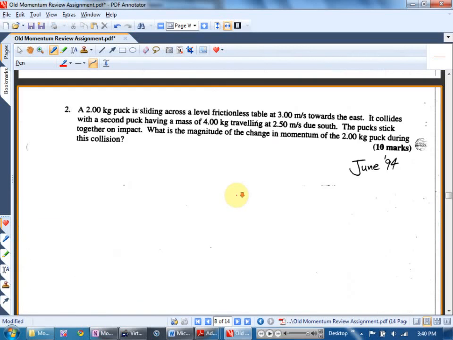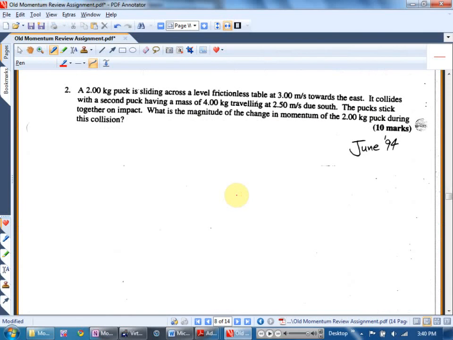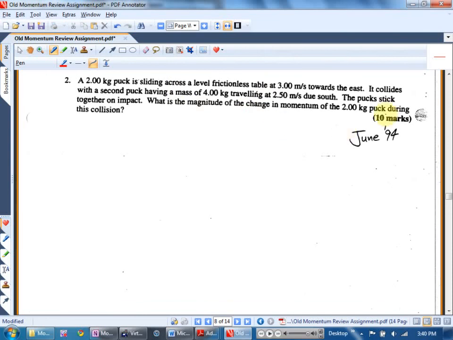Puck sliding to the east collides, they stick together. The only twist here, the reason this is a scholarship question, is that instead of asking you to find the final velocity of the 2 kilogram puck, what do they ask you to find instead? Change in momentum. What's change in anything? Final minus initial.